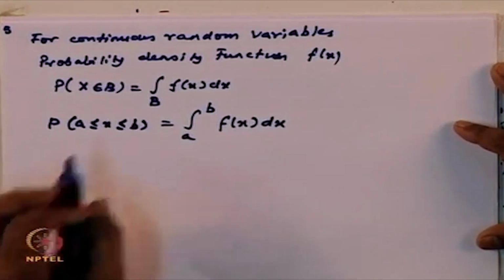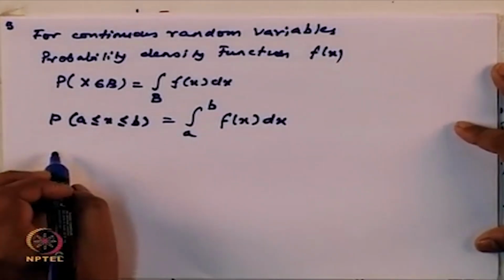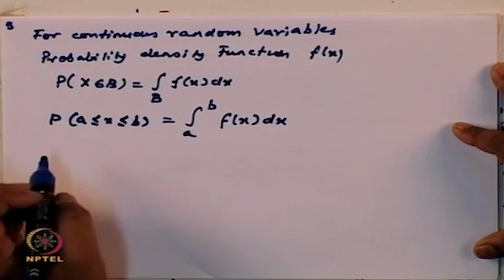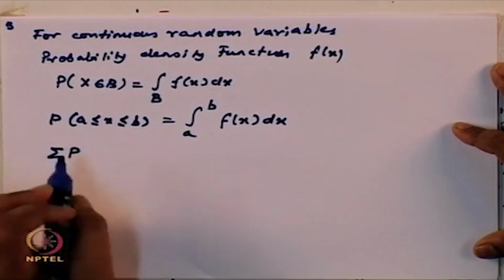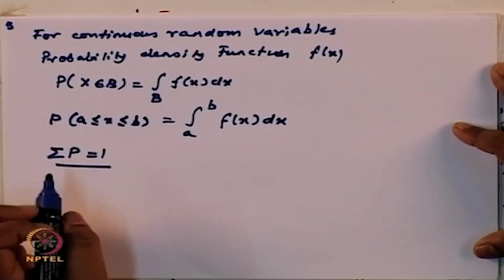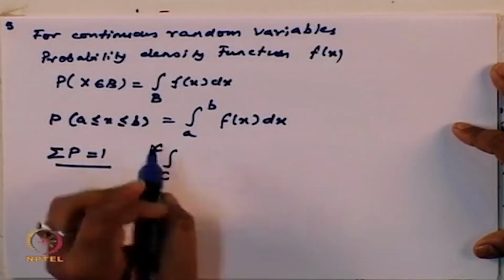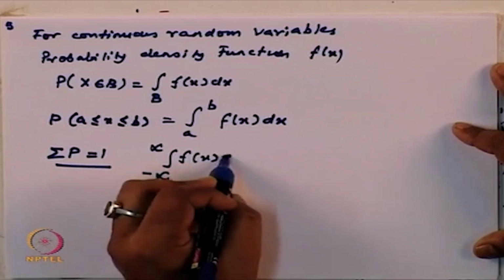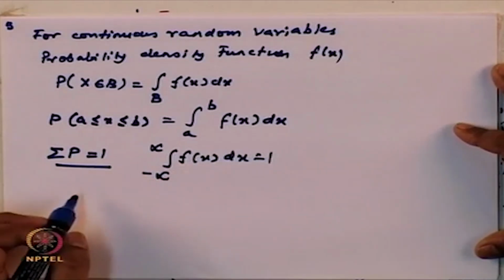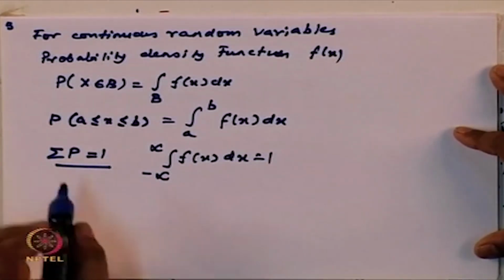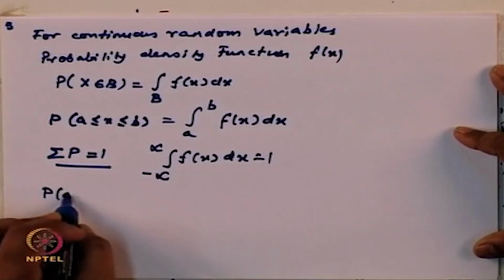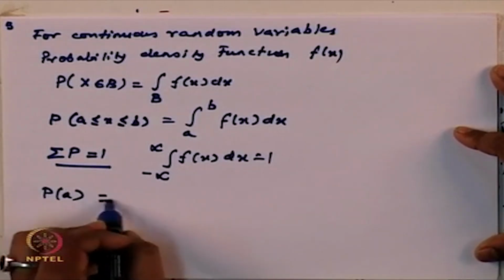Okay. So, if this is true, how do I define the total probability? I must have the function. For discrete variables, summation of p must be equal to 1, right. So, what I essentially have is the integral from minus infinity to infinity of f of x dx must always be equal to 1. At the same time, what is the probability of a, that is, probability of x equal to a?